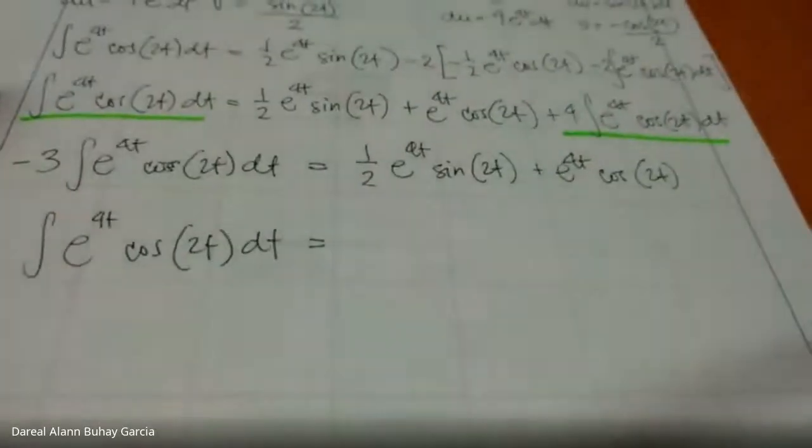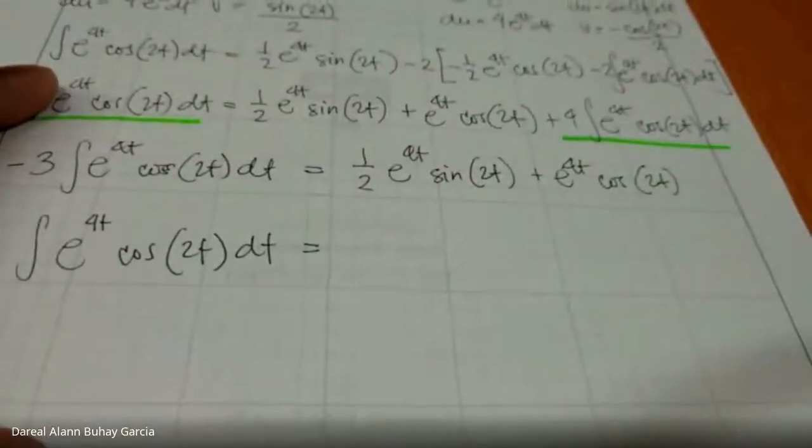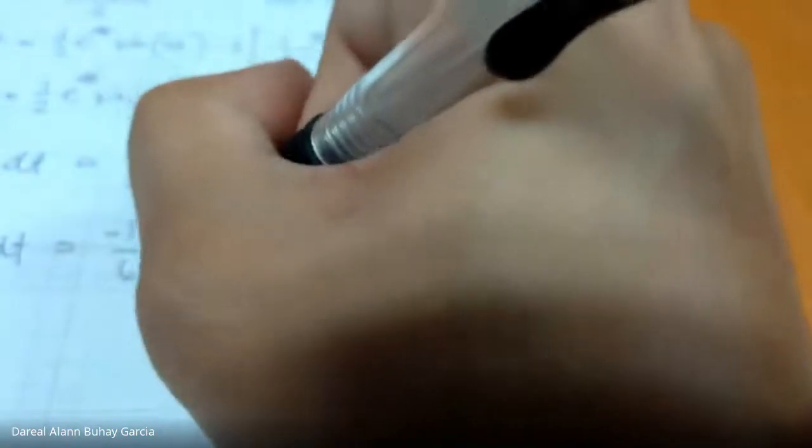The integral of e to the power 40 cosine 2t dt is equal to negative 1/6 e^40 sine 2t minus 1/3 e^40 cosine 2t.